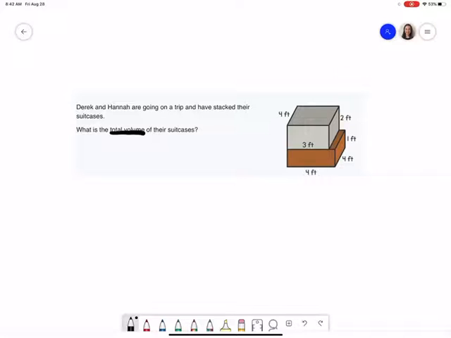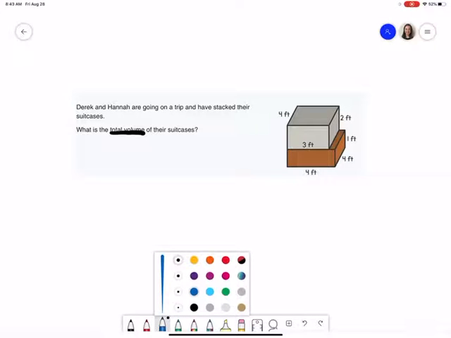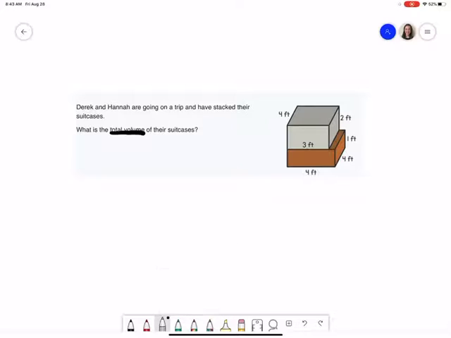To get the total, we are going to need to add the volume of the gray box to the volume of the brown box, okay? Or in this case, suitcases. So let's do this. Let's use the colors of the suitcases.